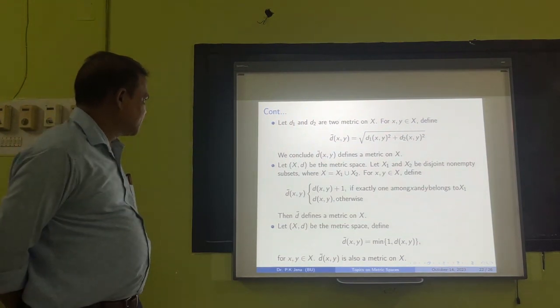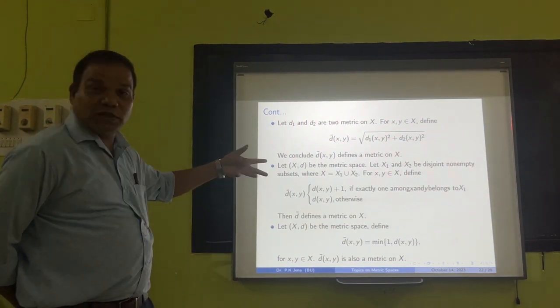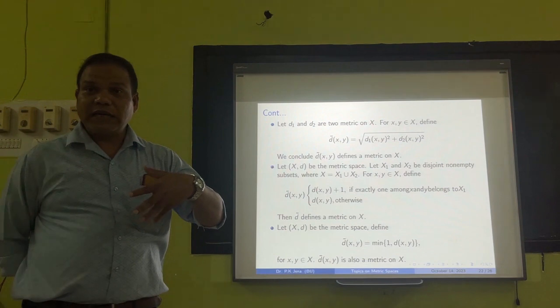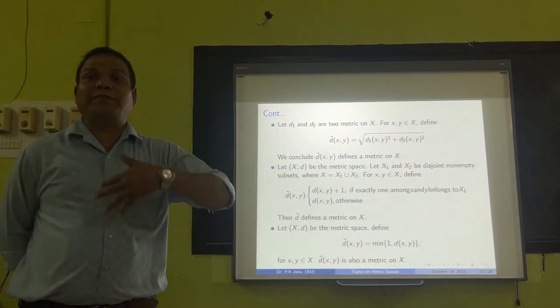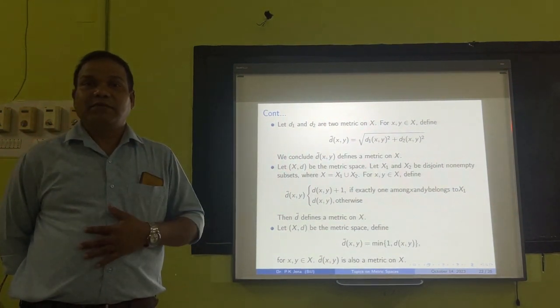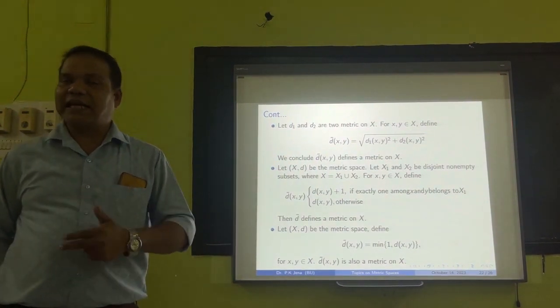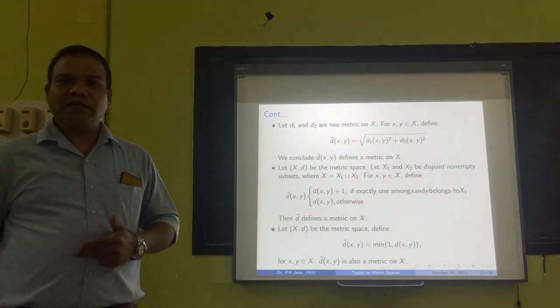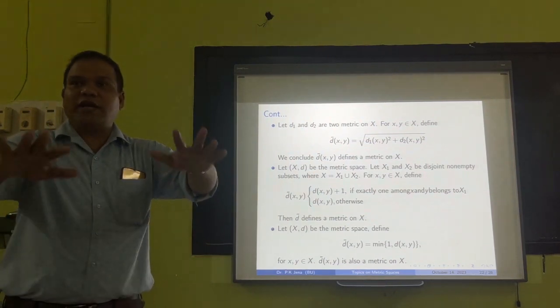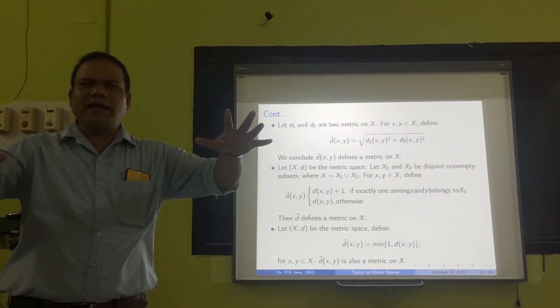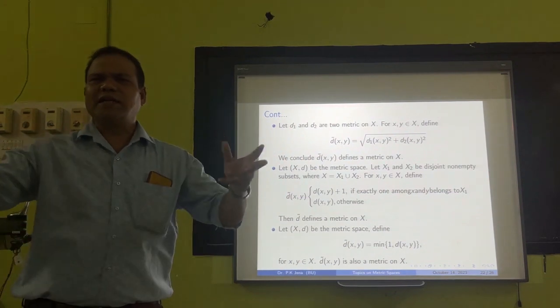Similarly, if we take union of, you just observe that we are considering different types of sets, whether we will be able to define the metric on the set X or not. Yes, if we cover all the theories, then you can define a metric on any non-empty set.